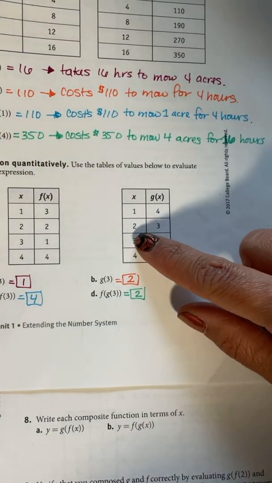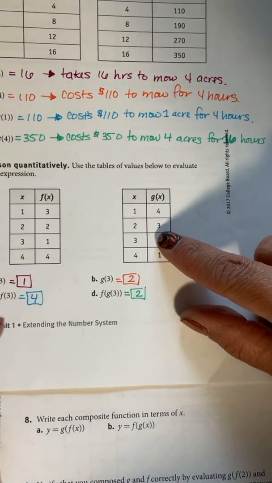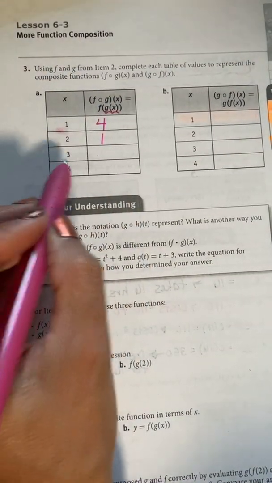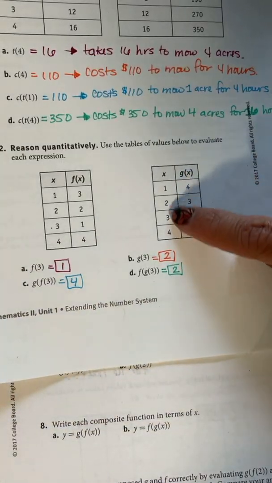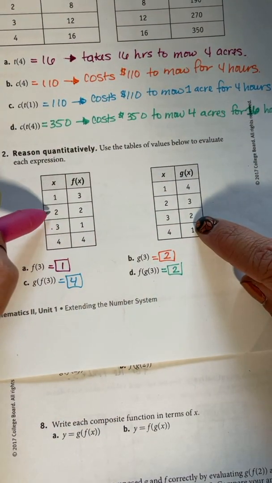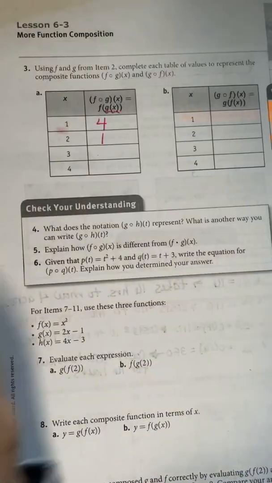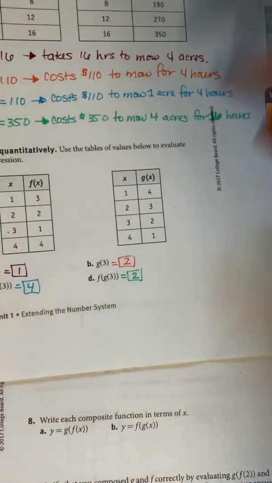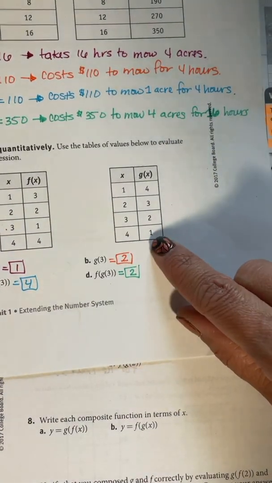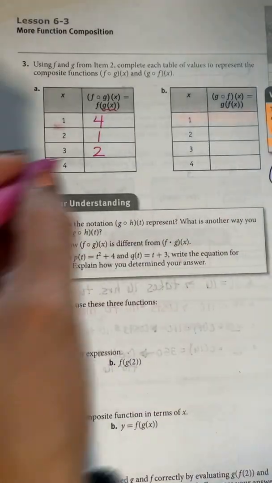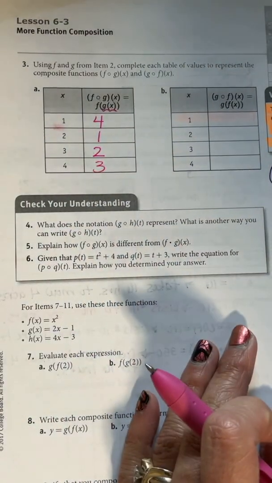So g of 2 is 3. Plug that 3 into the f, and the output is a 1. Now 3. So input g of 3, output is a 2. Plug that into the f, input is 2, output is 2. And a 4. So g of 4 is 1. Plug that into f, f of 1 is 3. So 4, 1, 2, 3.